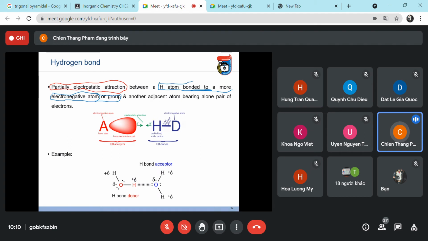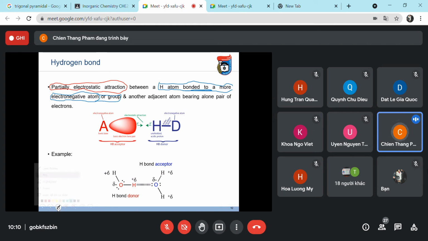This is not the normal hydrogen atom. It is a hydrogen atom bonded to a more electronegative atom or group, and the attraction between the hydrogen atom and another atom bearing a lone pair of electrons.